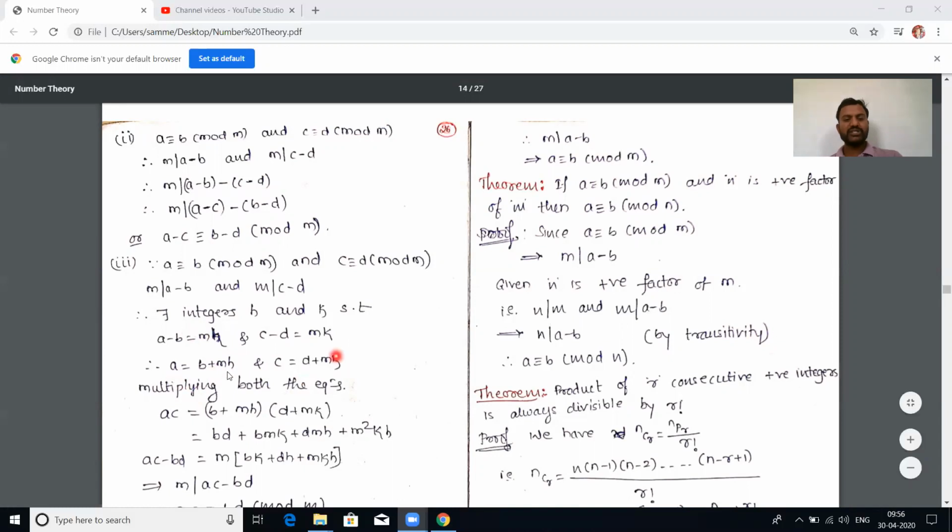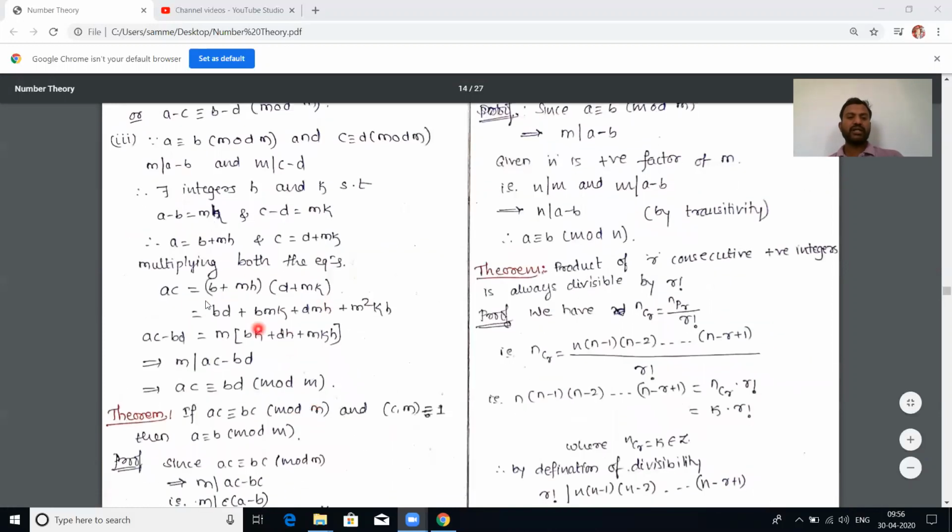Now we'll multiply these two. Multiplying on left side ac, we are getting on the right side b plus mh into d plus mk. Multiplying these terms, we are getting bd plus bmk plus dmh plus m square kh. Now this bd we will take to the left side: ac minus bd equals, in the remaining terms, we will take m as common.